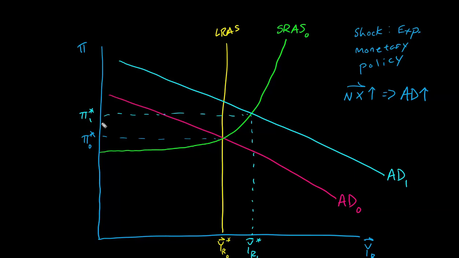And we're going to get a new short-run aggregate supply curve, which is going to take us back to our growth rate and give us even higher amounts of inflation.